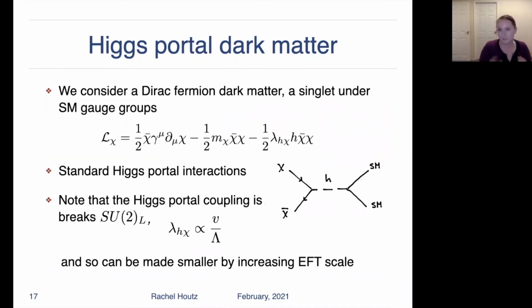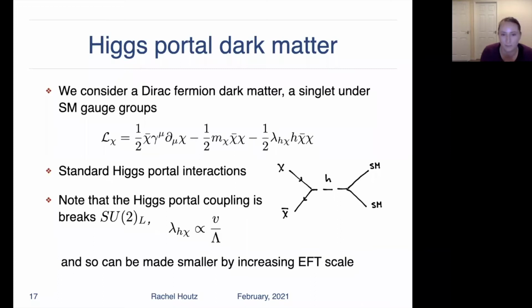To speak again specifically about this model, we're going to talk about a Dirac fermion dark matter, singlet under the standard model gauge groups. And then we're going to give it the standard WIMP-like Higgs portal interactions at first. So it's just fermion dark matter that couples to the Higgs through the Higgs portal. And note the way we've written this, our Higgs portal coupling breaks SU(2)L.